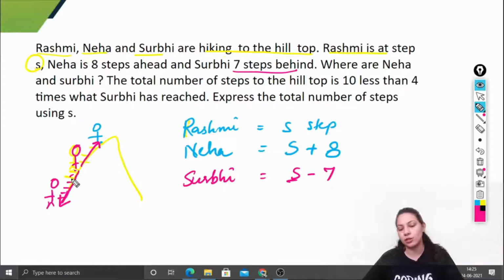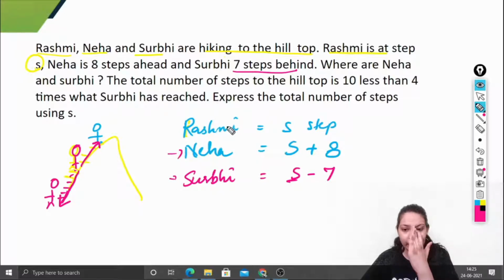Now the total number of steps to the hilltop is 10 less than 4 times what Surbi has reached. Express the total number of steps using S. We have calculated Neha's and Surbi's positions.